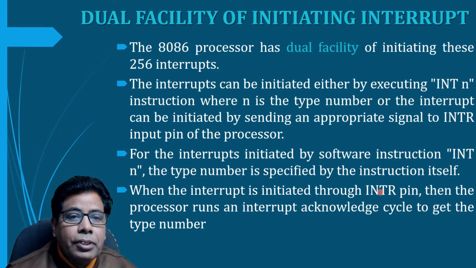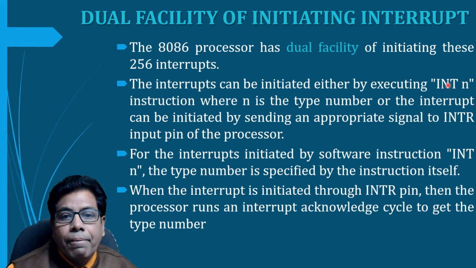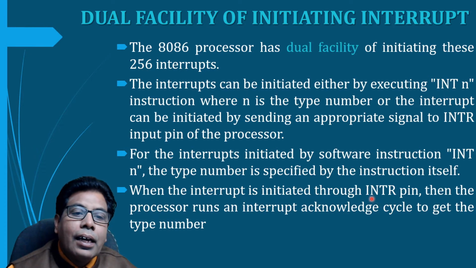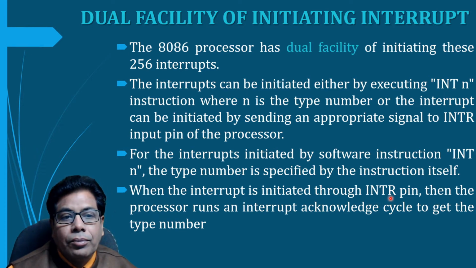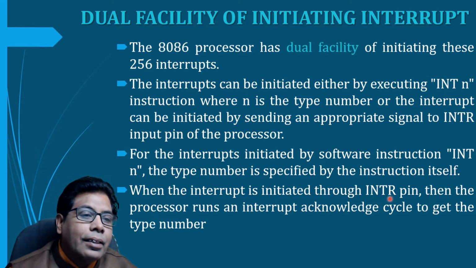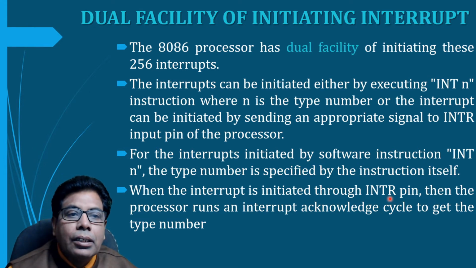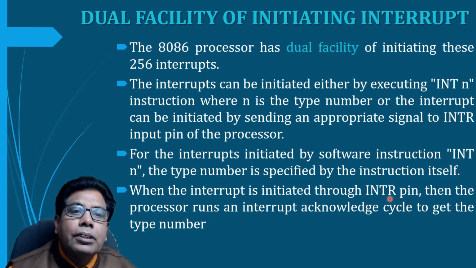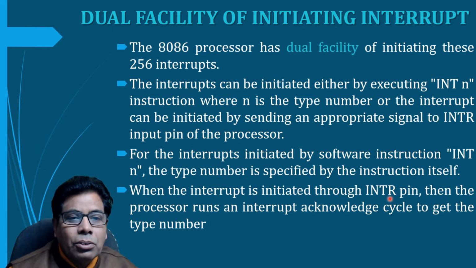Now these 256 interrupts can be initiated, one by the INT N instruction and secondly by the INTR. So we can use either of these for initiating the interrupt, that's why we say that there is a dual facility of initiating the interrupt. So this should not confuse you.